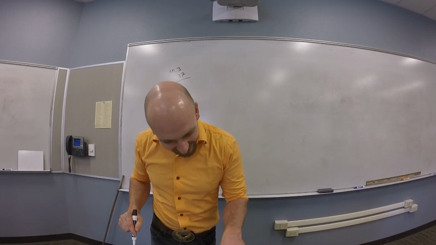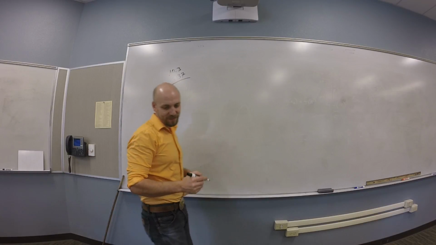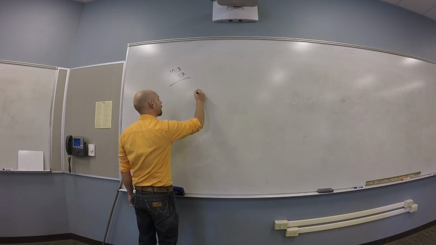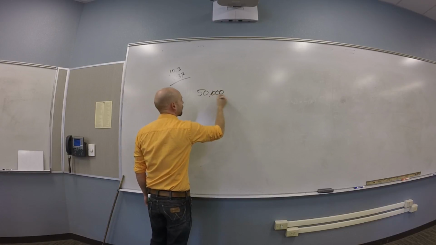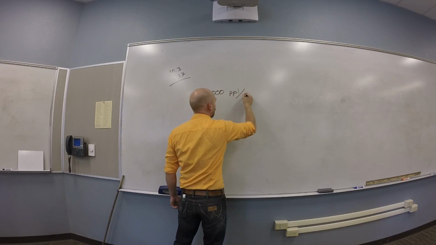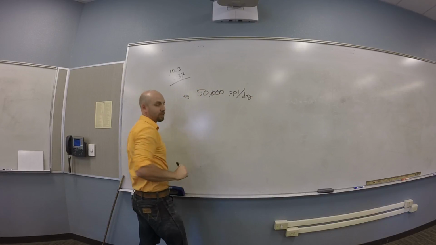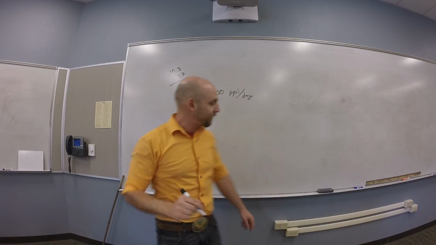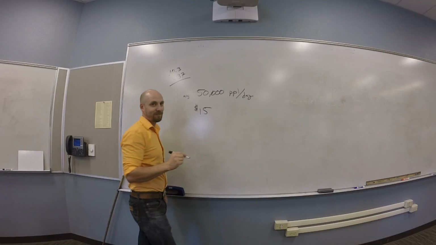All right, let's try actually reading. It says an average of 50,000 people visit Riverside Park every day in the summer. So 50,000 people per day. Well, at least on average, right? And then it says the park charges 15 bucks. Damn, dude, 15 bucks for a park?